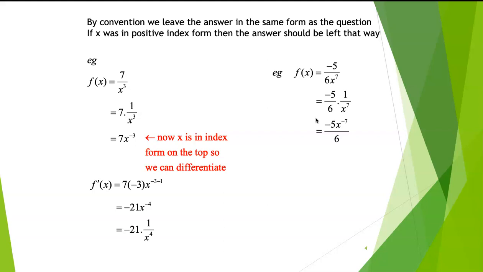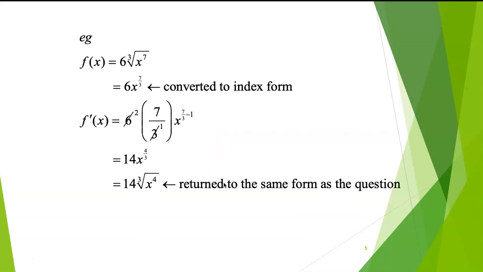The next step is differentiating. Our function is now ready to be differentiated, so we differentiate it as normal, and that's your final answer: 35 over 6 x to the power of 8. Again, you cannot simplify it any further.